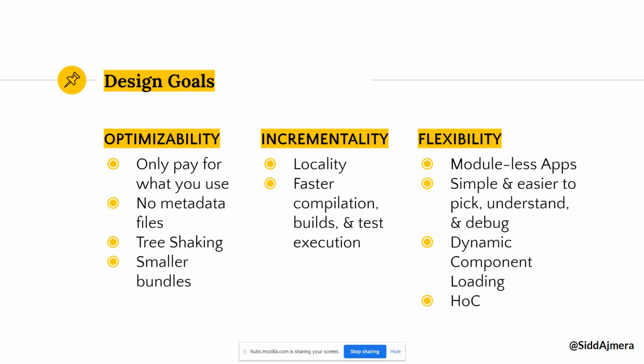With locality in place, we can now ship pre-compiled code to npm, and whenever you change anything in your sources, we can be confident to only compile your sources, because there is no need to compile anything related to the third party libraries that you depend on, which results in faster compilation, builds, and test execution as well.